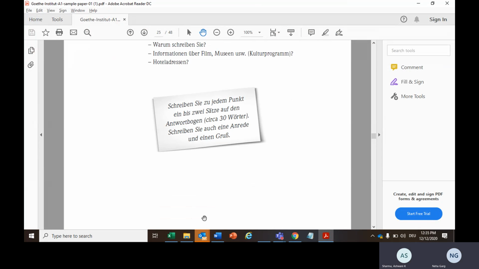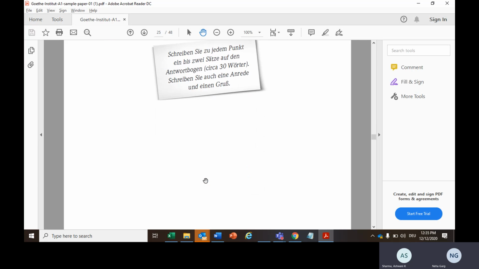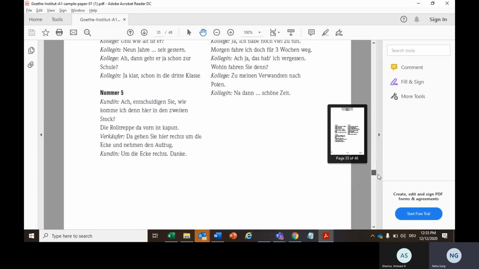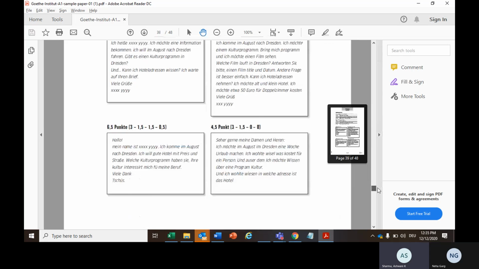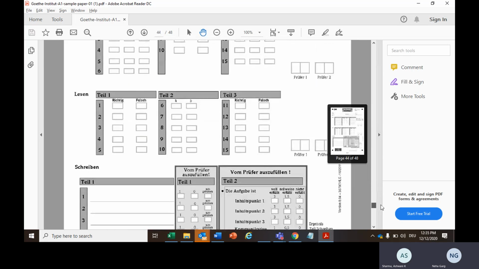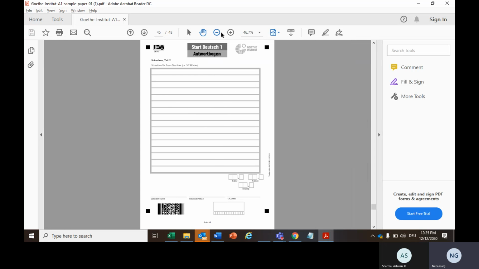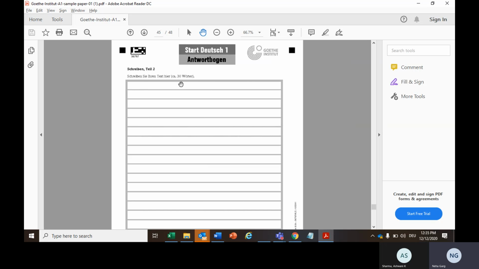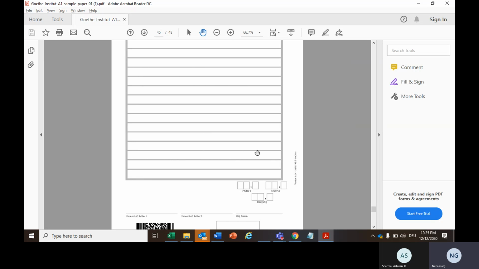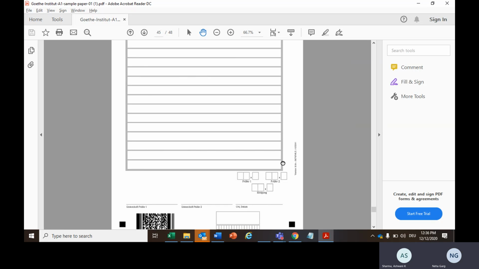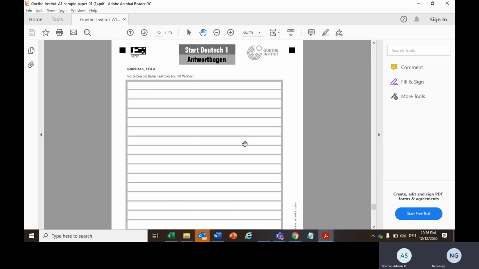You will have very limited space, so the Antwortbogen will look like this. This is where you will write the letter. Here, Schreiben Teil 2, Schreiben Sie Ihren Text. So this is the space you will get, and accordingly you have to write. So no cutting. And they will also check the grammar and everything in this particular part only.